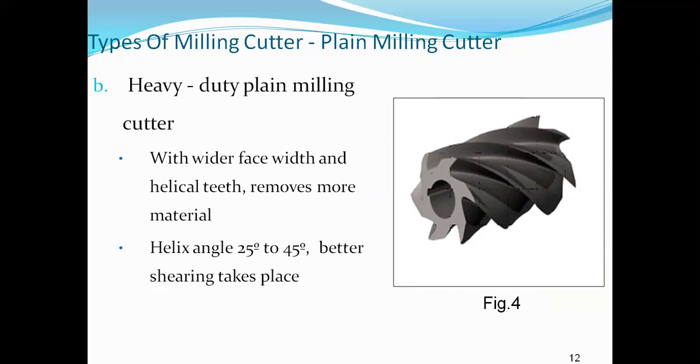In the light duty, the helix angle is 25 degrees only, but the heavy duty plain milling cutter has 25 degrees to 45 degrees. So compared to the light duty plain milling cutter, it can remove more material because its face width is more and the helix angle is also more.